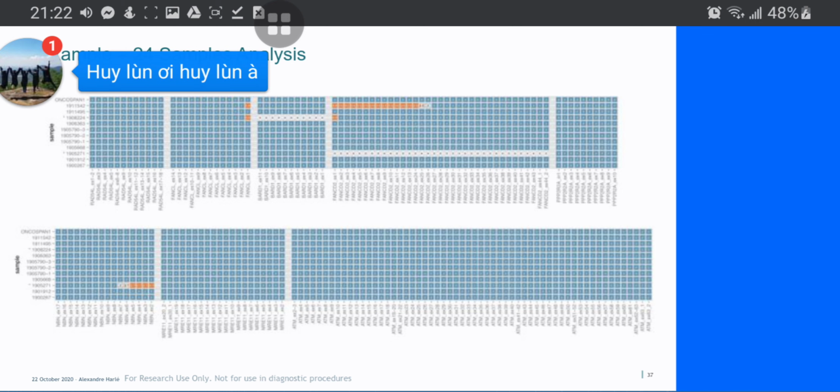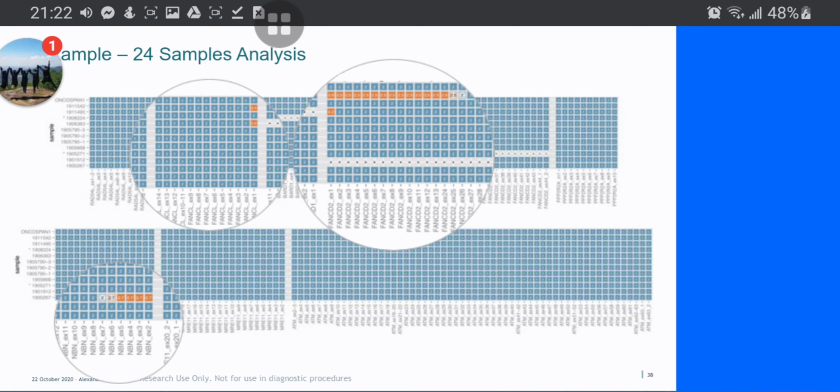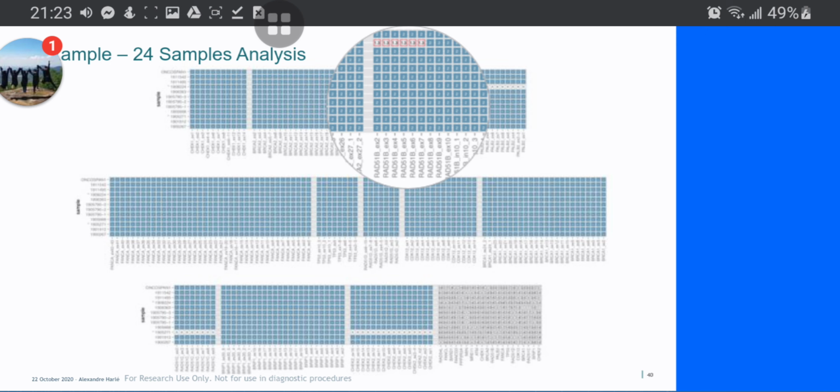And if you zoom on this part, you can see, for example, for these samples that we have a gain for FANCL or FANCD2, for example, and also here NBN. On this sample, you can see that we have a loss on RAD51B, for example.